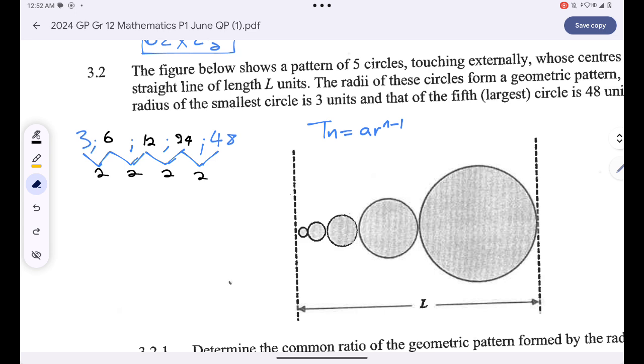This is the diameter of the first circle, the diameter of the second circle, and it goes on and on like that. So if I can find the sequence for my diameters, I can simply find the length of L.